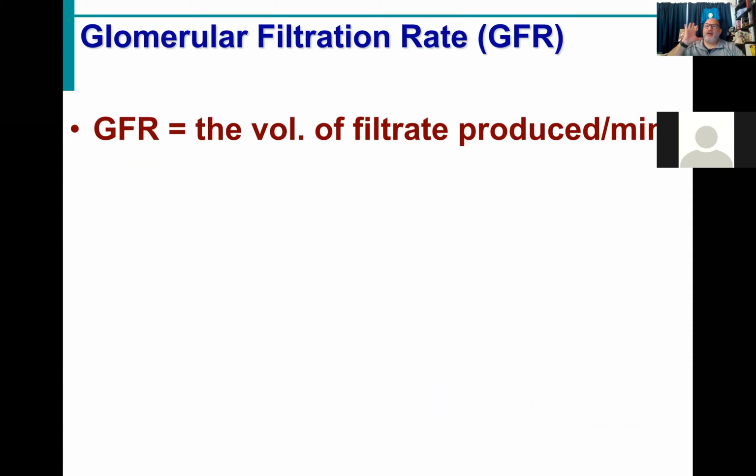Now, the force in the glomerulus, that net filtration force, determines, and let's actually write that because it doesn't say it here, our net filtration pressure determines the glomerular filtration rate.